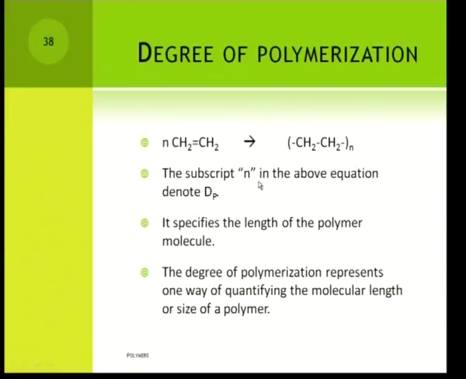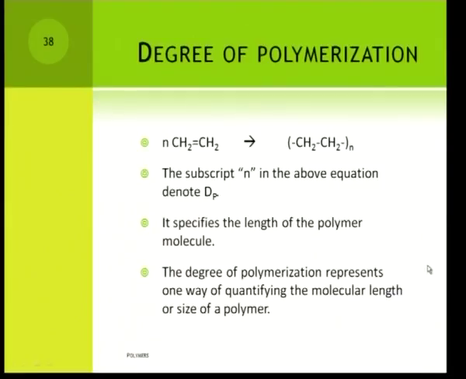The subscript n in the above equation denotes the degree of polymerization, which is nothing but DP. It also indicates or specifies the length of the polymer molecule. It is indirectly telling you the chain length of the large polymer molecule that is formed during the polymerization. The degree of polymerization represents one way of quantifying the molecular length or the size of the polymer.